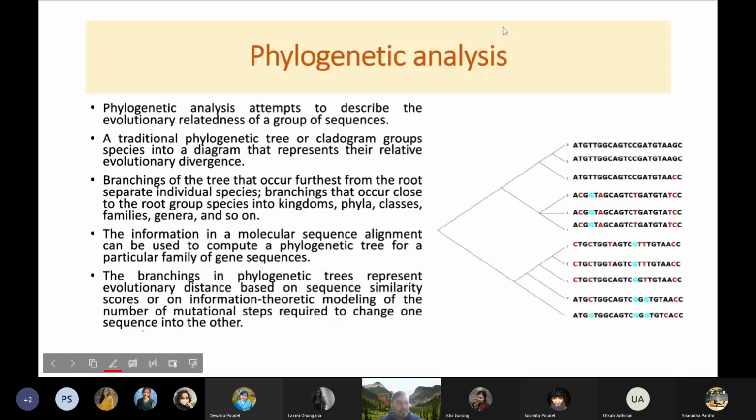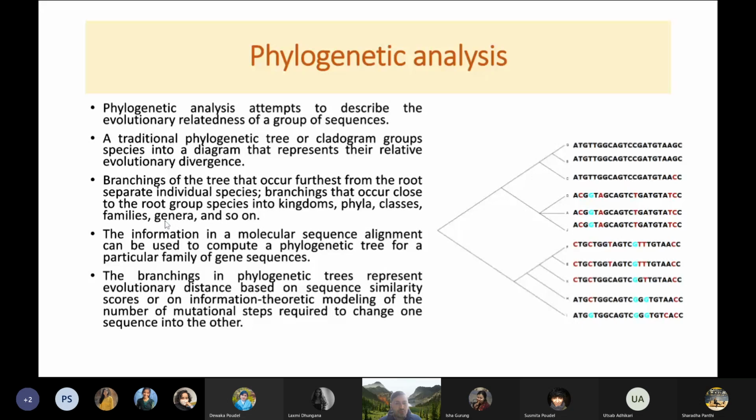A traditional phylogenetic tree or cladogram groups species into a diagram that represents the relative evolutionary divergence. Branching of the tree that occurs farthest from the root separates individual species. Branching that occurs close to the root groups species into kingdom, phyla, classes, families, genera, and so on.